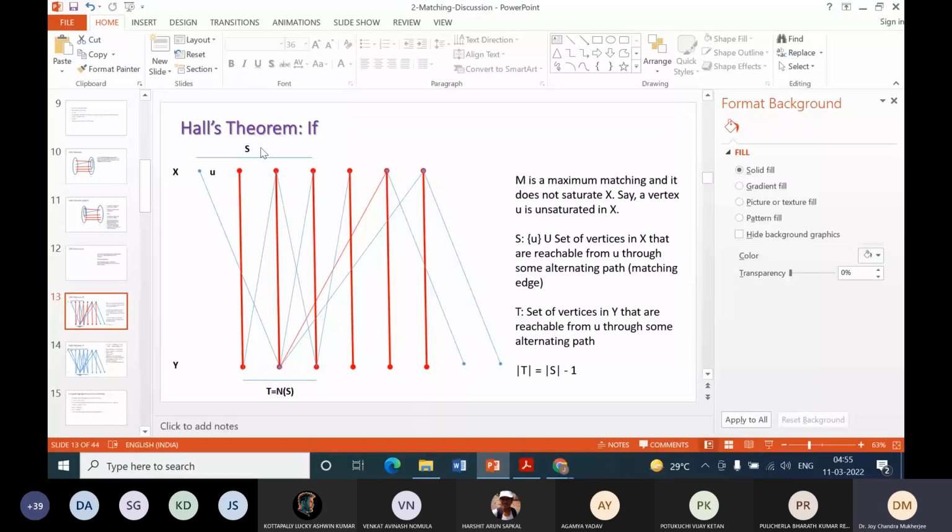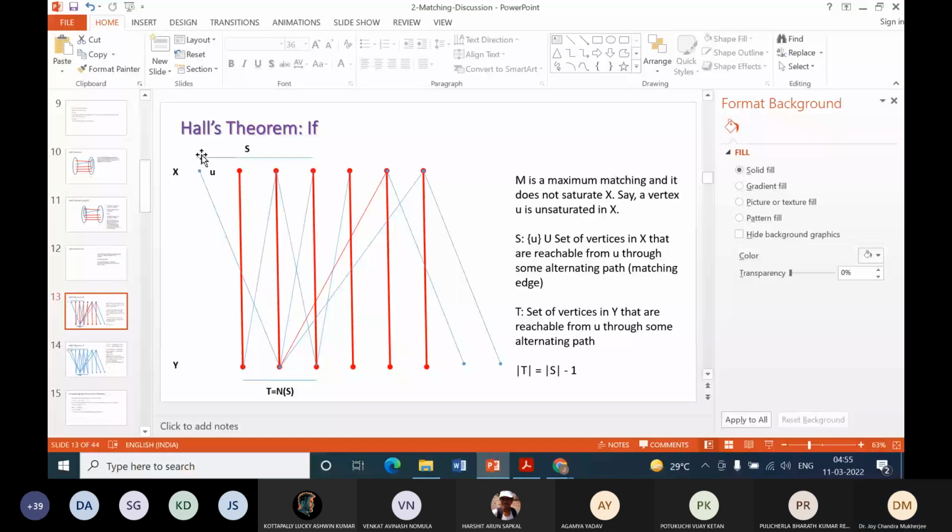So I will create S such that U is included in S, along with a subset of vertices of X. Which are those vertices? The vertices I can reach from U by an alternating path, meaning first an unmatched edge followed by a matched edge, like that. So this vertex is there in S.